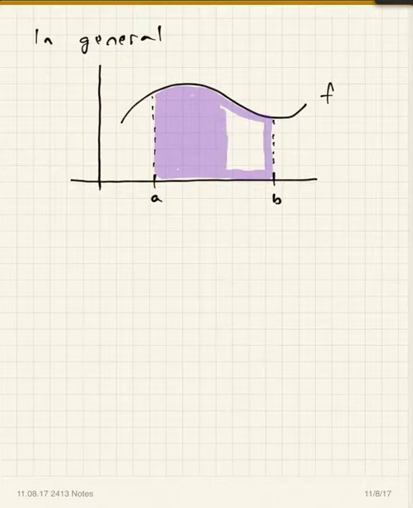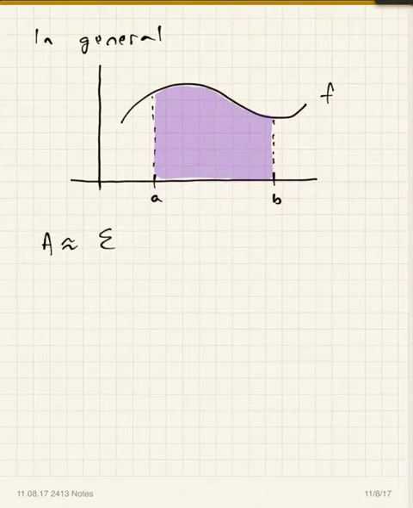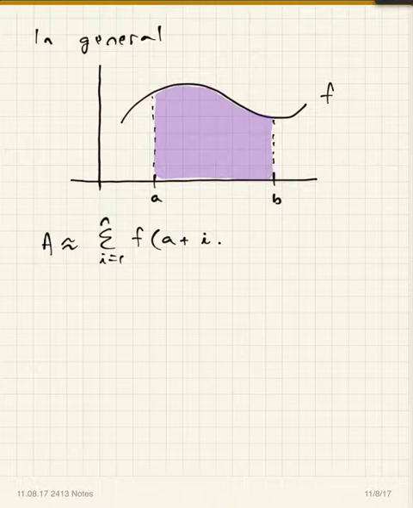So we're going through and using this rectangle scheme that we've just hatched to actually find the exact area underneath this curve. And what we've seen is, first of all, that the area is approximately equal to the sum as i goes from 1 to n of f of a, and a is the left edge of the big interval, plus i times b minus a over n.